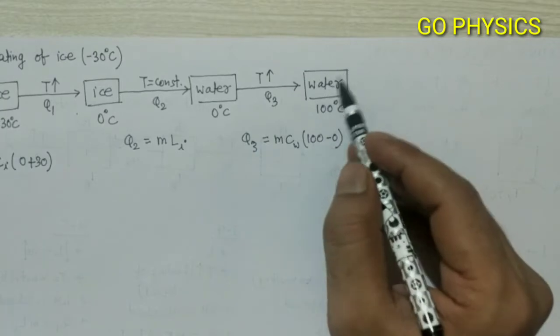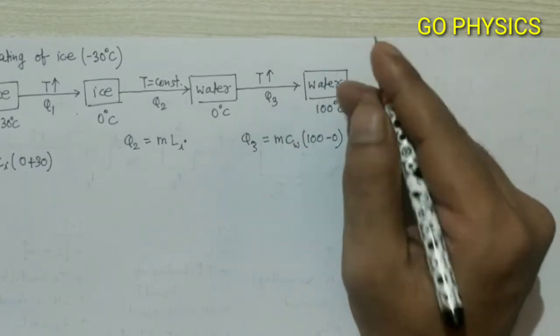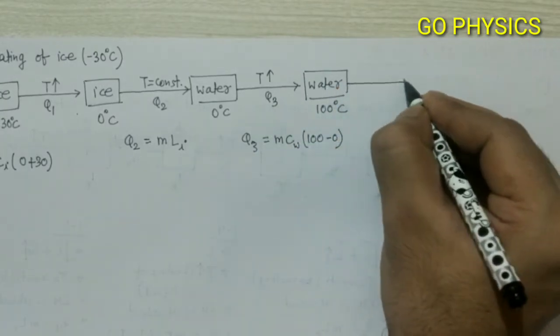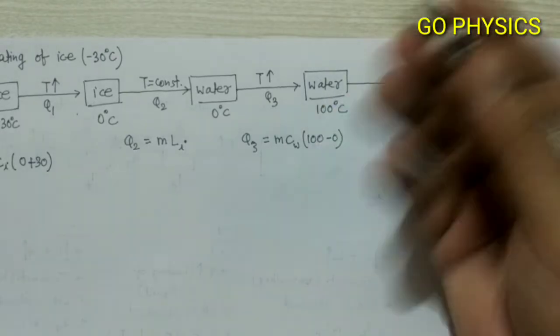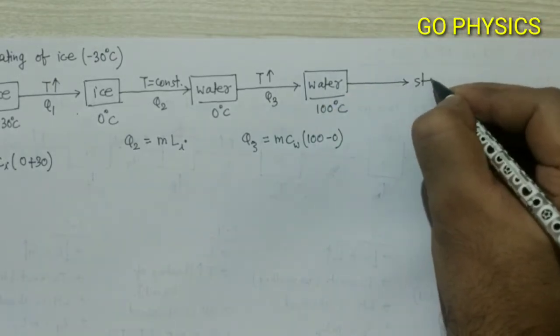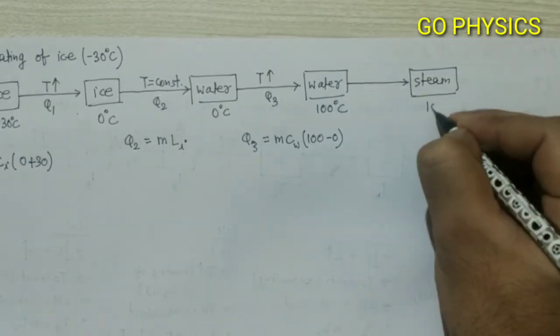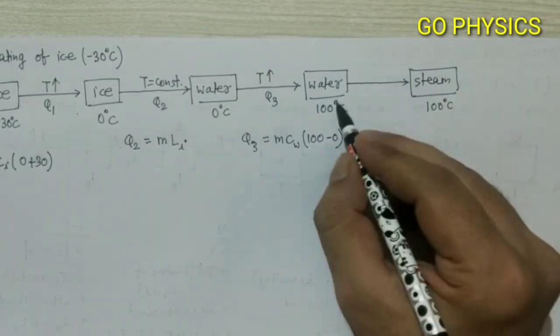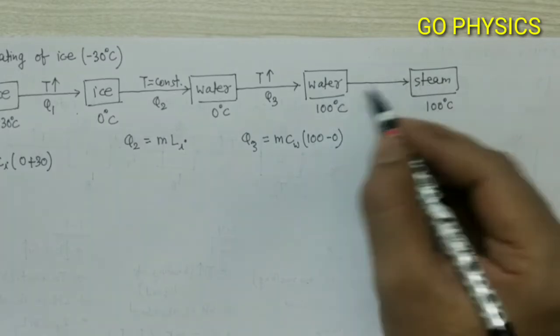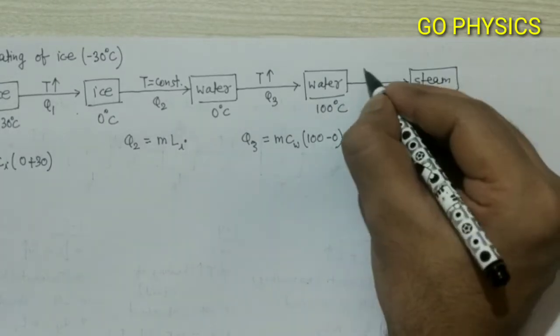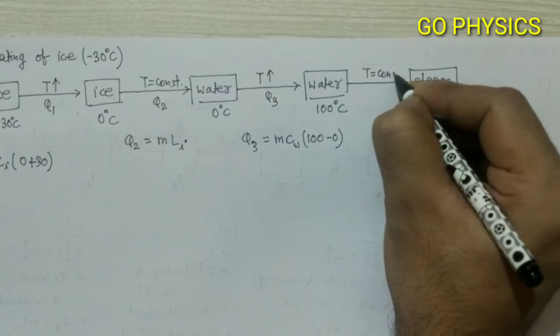And now since heat is continuously supplied, so now what will happen? The water will start converting into steam, and finally we will get steam at 100 degrees Celsius. And since it is a phase change process, temperature of the system will remain constant.